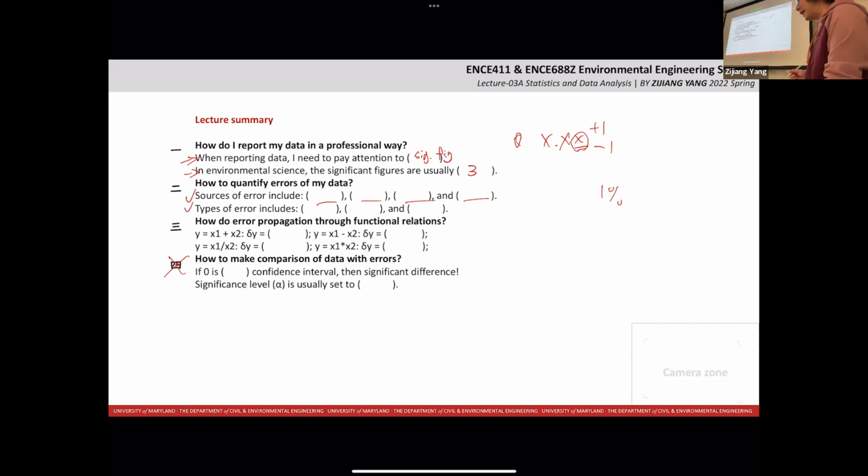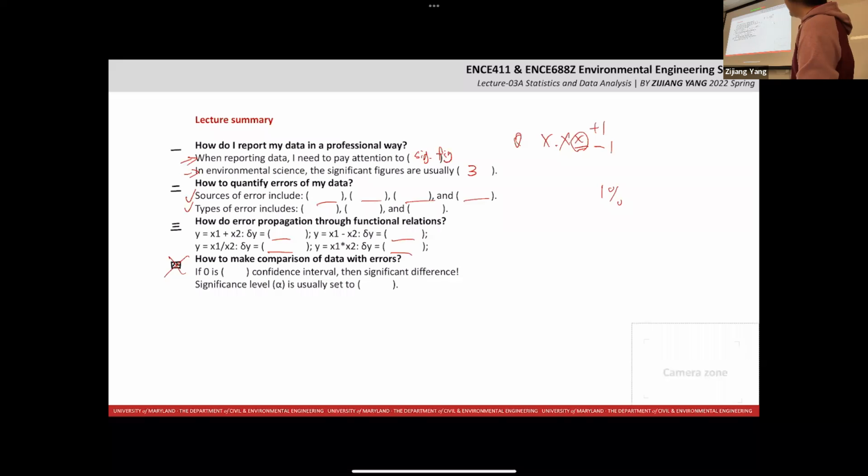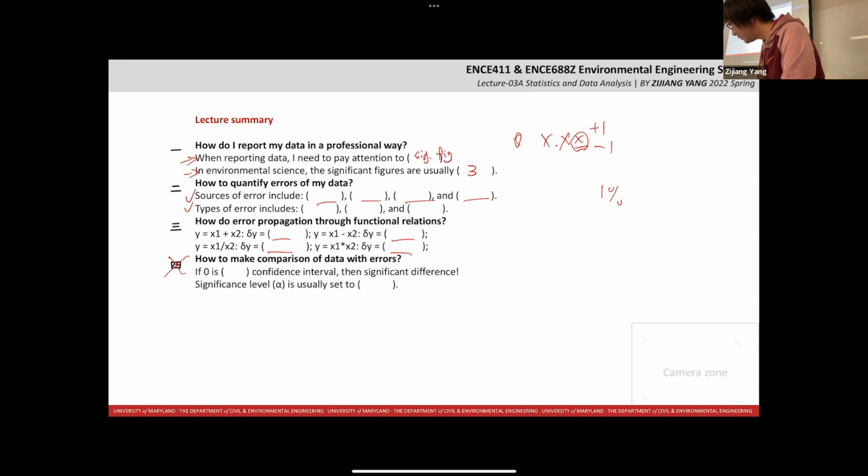For the types of error, they include random, systematic, and gross error. And because we talked about the delta, we can just write this down by ourselves, but note that this is delta y, that's delta y squared.